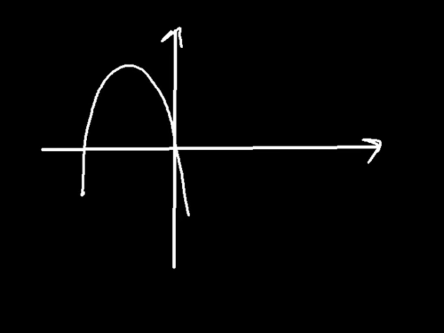And let's say we have two quadratic graphs that are going off like that.